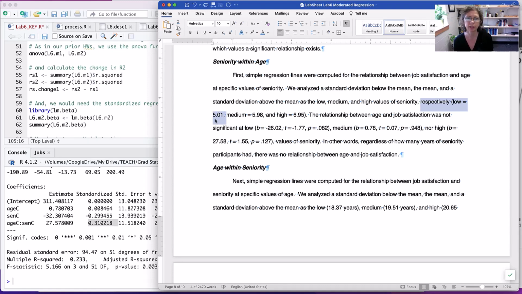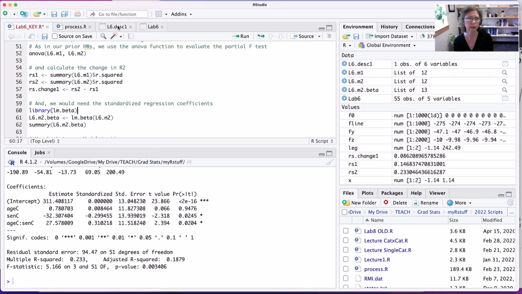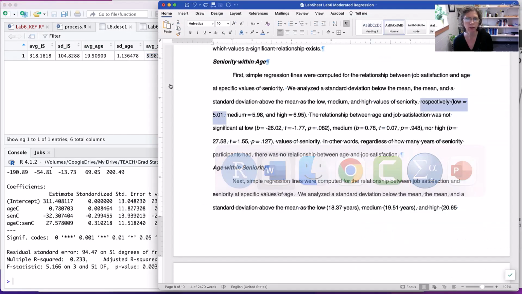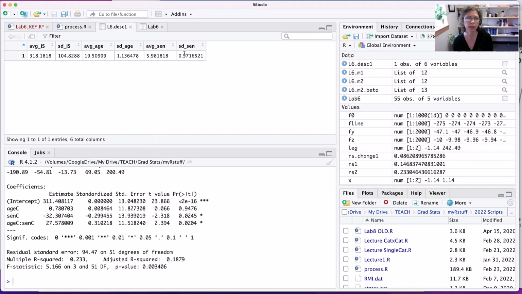Now, how did I figure that out? Well, we know the average, right? Seniority average right there, which is why it's there in medium. But the difference, it was 1 standard deviation different. So that means if I take the average and I subtract a standard deviation, that will be the seniority at 1 standard deviation below the mean.